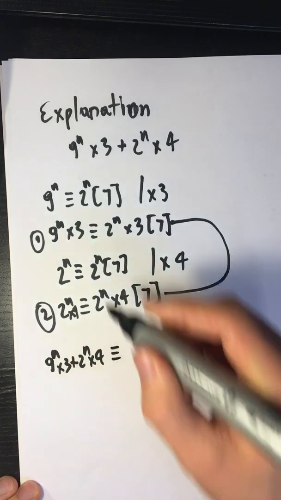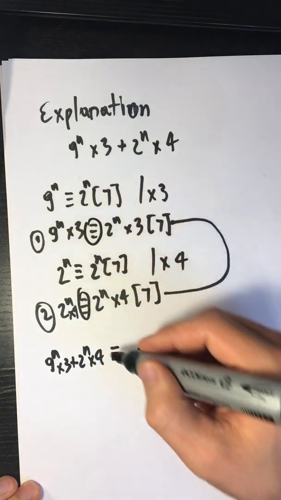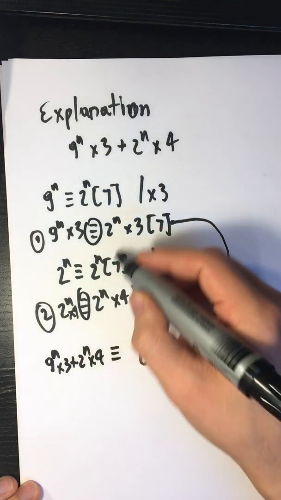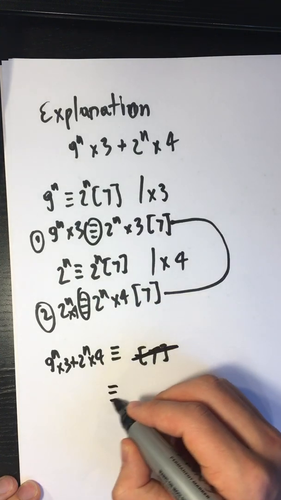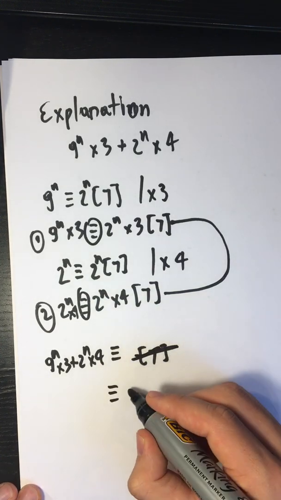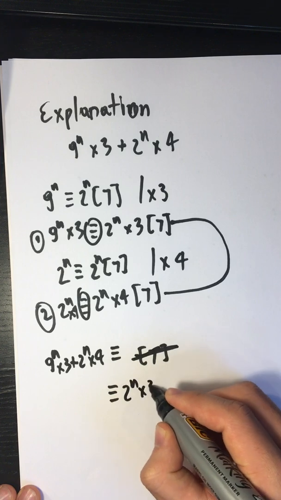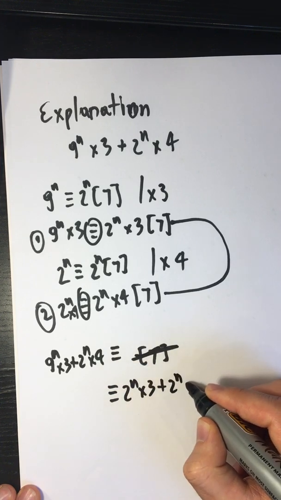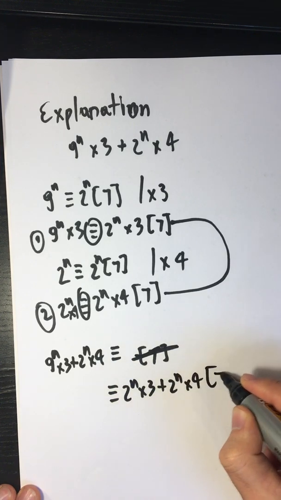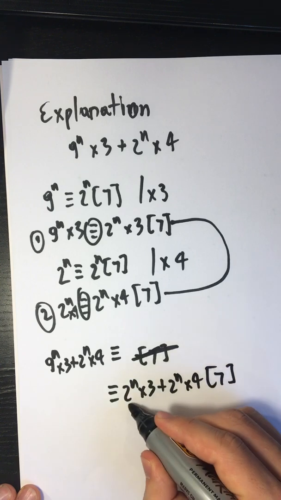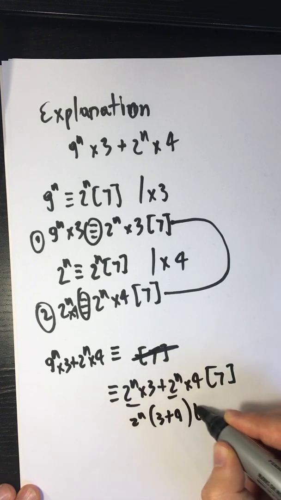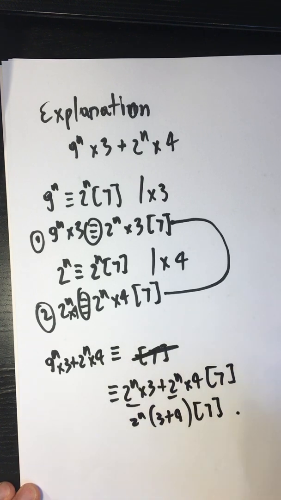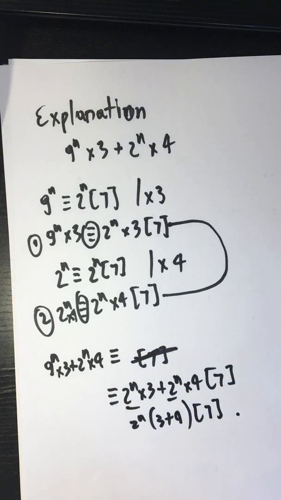So mod comes here, this one plus this one, so I'm erasing this. 2 to the n multiplied by 3 plus 2 to the n multiplied by 4, mod 7. And here you can take 2 to the n out, and it's 3 plus 4. So I hope it helped. That's it. So I want you to solve 17 and then comment your answer, or you can check your answer. Bye bye.